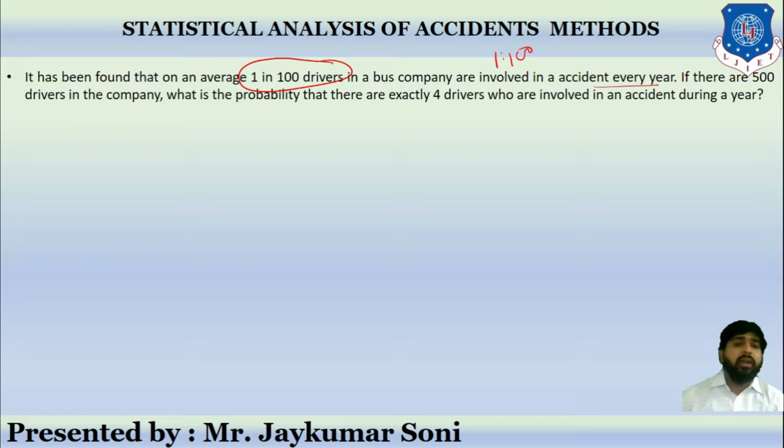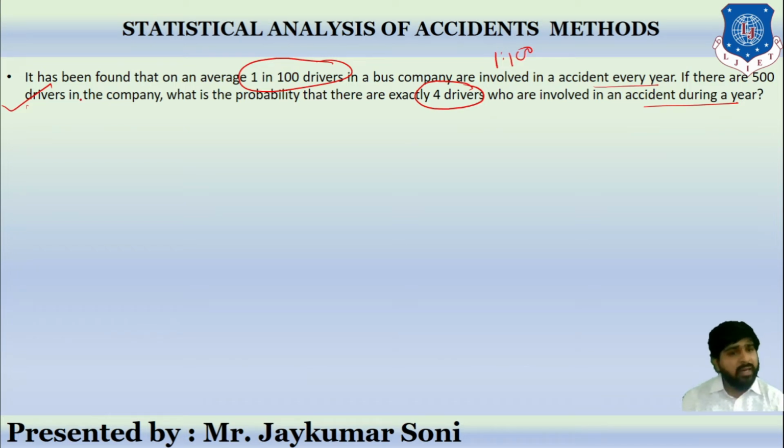If there are 500 drivers in the company, what is the probability that exactly 4 drivers are involved in an accident during a year? Let us understand it once again: we have been given the statement that on average 1 in 100 drivers in a bus company are involved in an accident in a year.